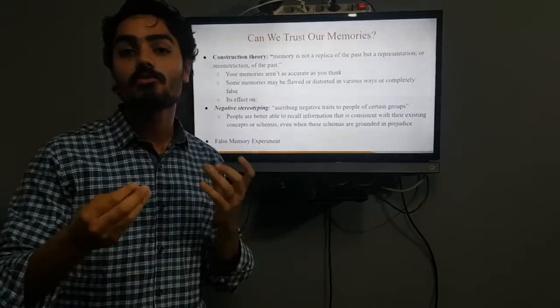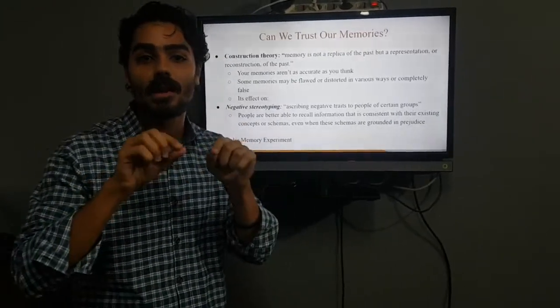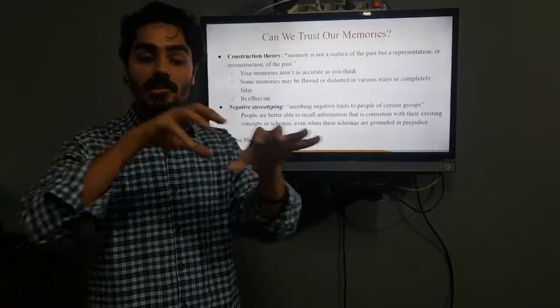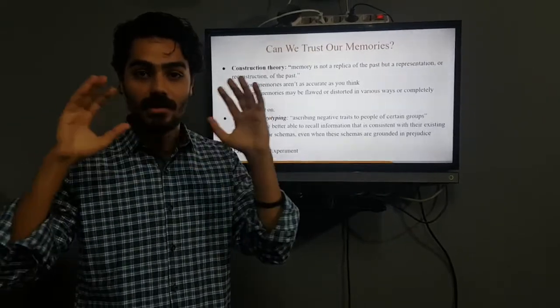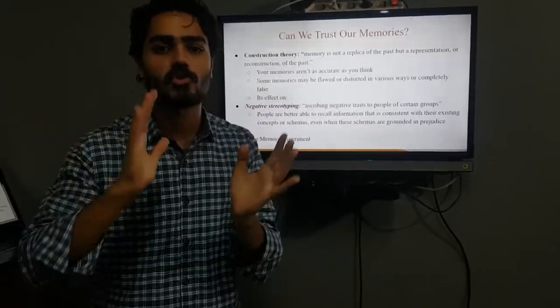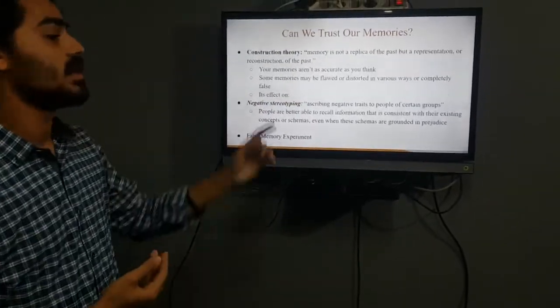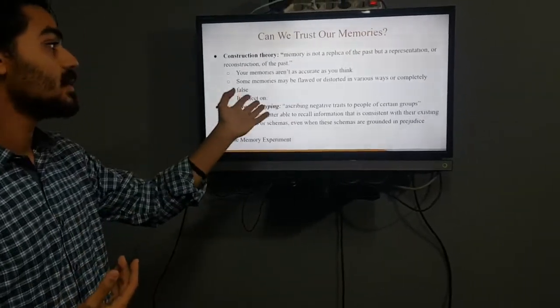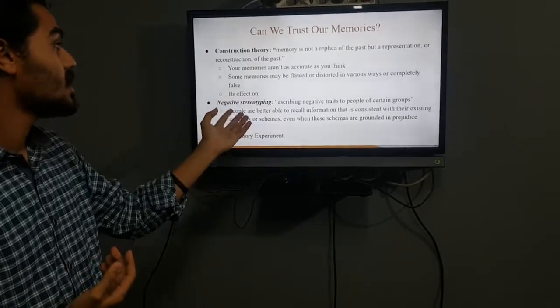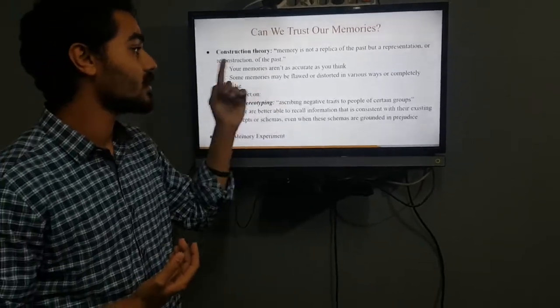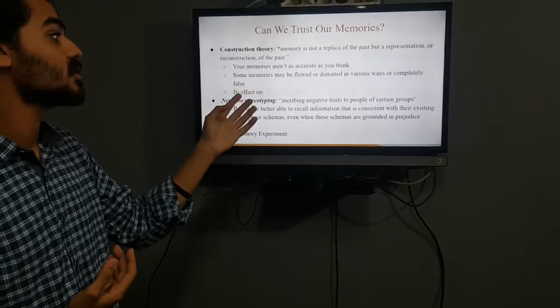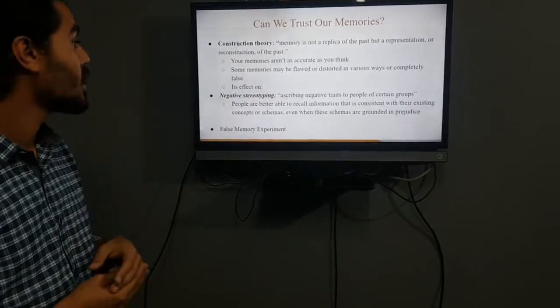It's your brain trying to fill in the gaps, to stitch different experiences and events together to make a grander scheme. It's not a video recorder. The theory says that your memories aren't as accurate as you think, and some memories may be flawed, distorted in various ways, or completely false.